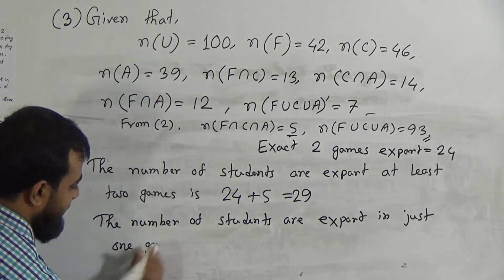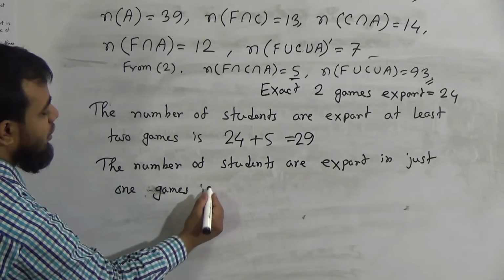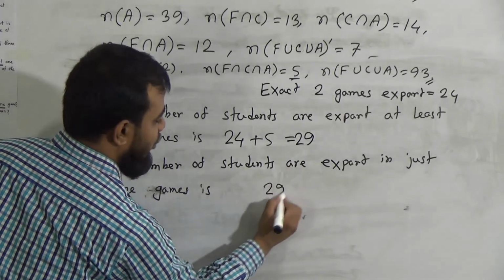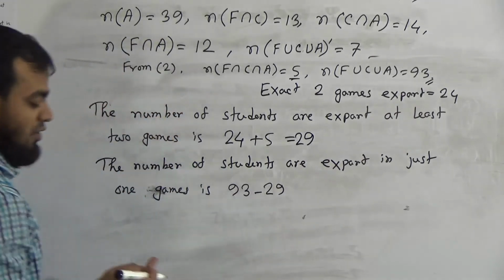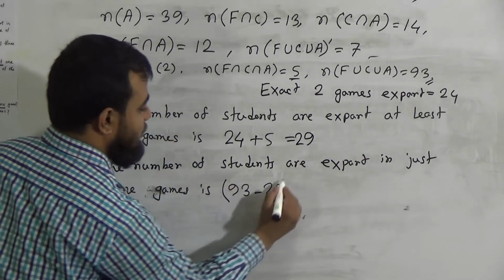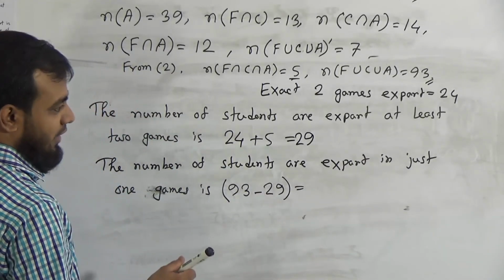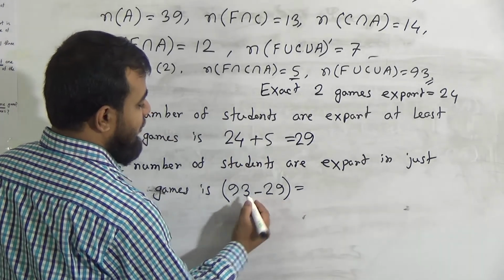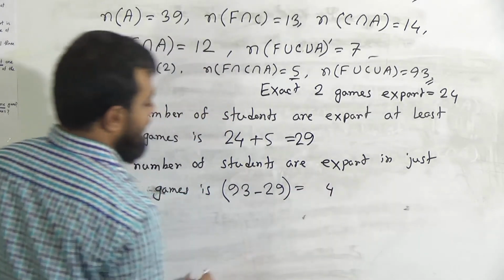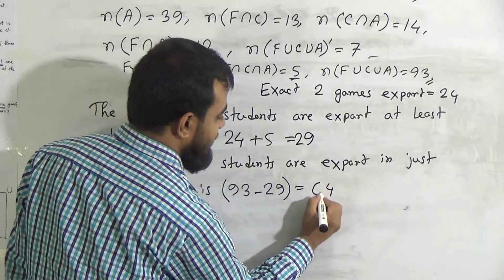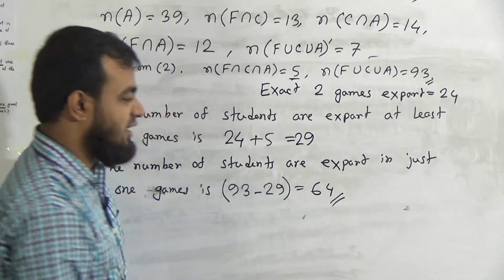We need to subtract this 29 from 93, because 93 is the number of students who play any of these games. So 93 minus 29 is the number of students who are expert in only one game. So subtract 9 from 3: 9, 10, 11, 12, 13 is 4, then 3 from 9, it will be 6. So 64 students are expert in exactly one game.